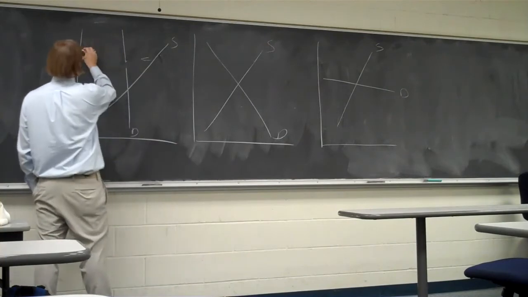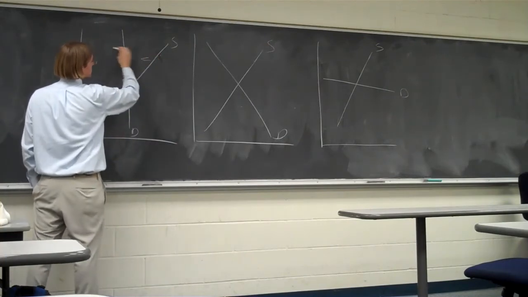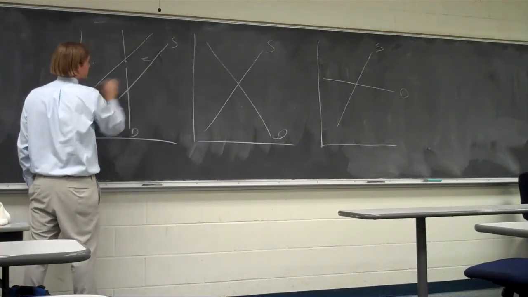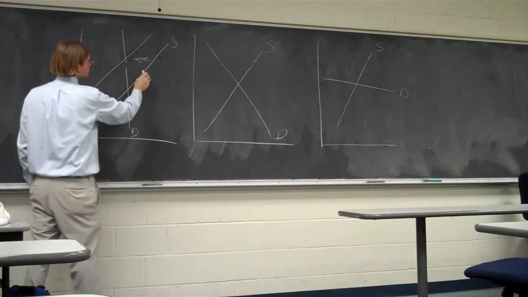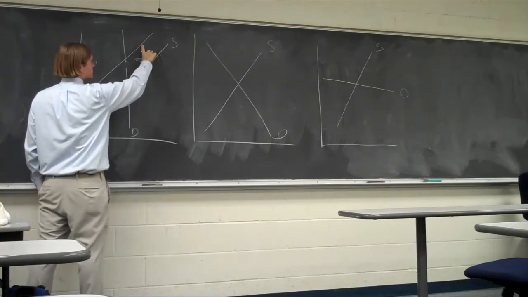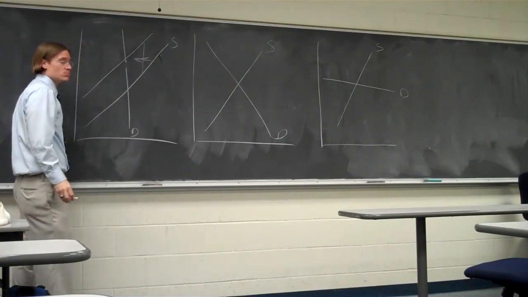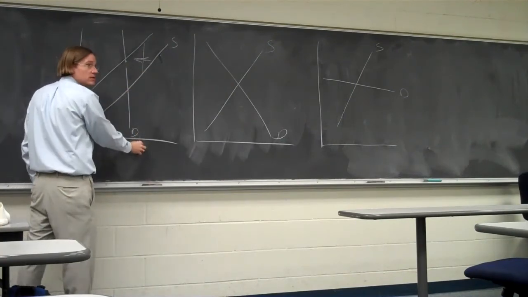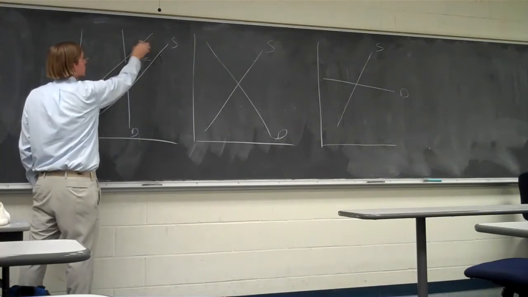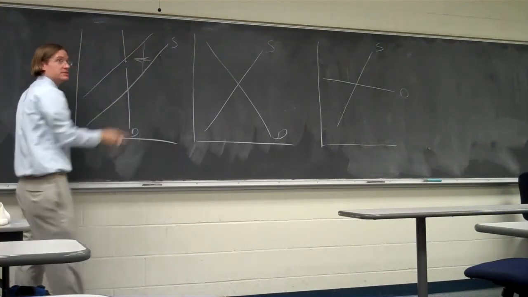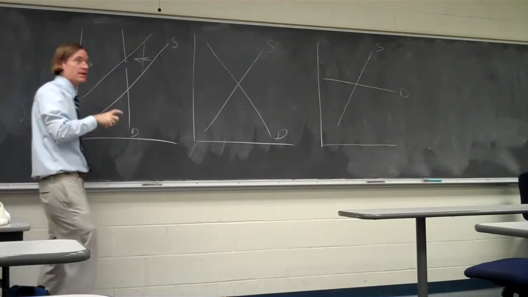And so at every... well, it should shift to the left until the vertical distance is equal to the tax, right? So at every quantity, the new associated price has been increased by the amount of the tax.